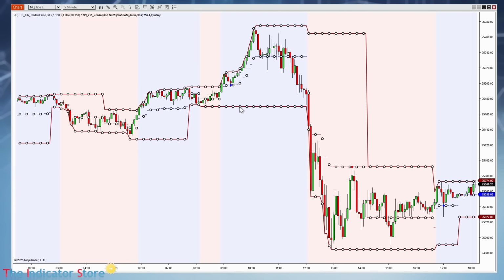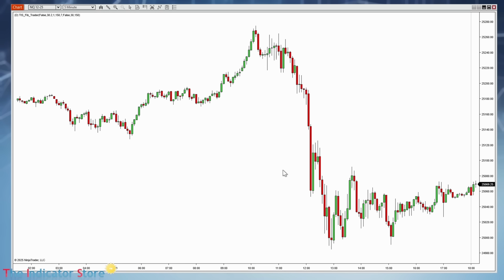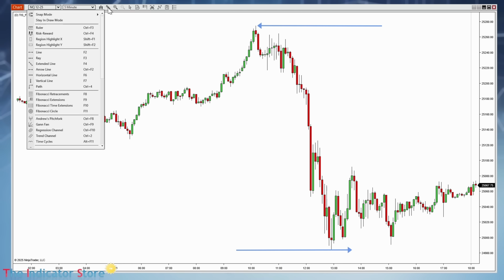So let's remove everything. You know, when we trade a fib, we usually need a pivot. So we take the lowest low, the highest high, and then we calculate a fib.